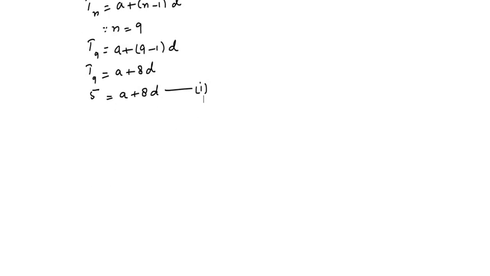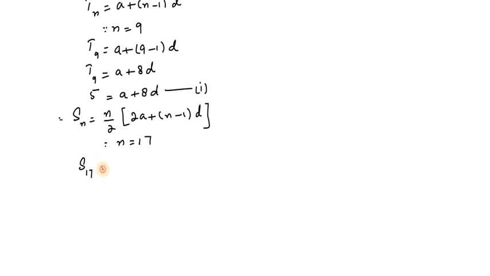As we know, the sum of the n terms Sn is equal to n upon 2 times 2a plus n minus 1 of d. As we found, n is equal to 17, because in the question, find the sum of an arithmetic progression of 17 terms. So n is 17. We put all the given values in the formula.